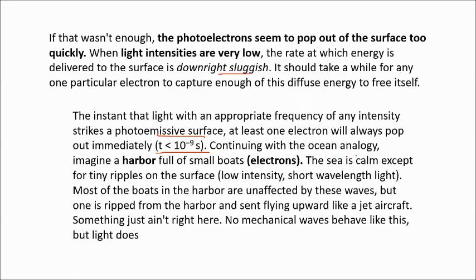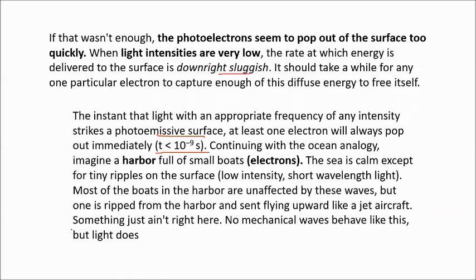So continuing with the ocean analogy, imagine a harbor full of small boats. The boats are electrons. The sea is calm except for tiny ripples on the surface. This indicates low intensity, short wavelength light, and most of the boats in the harbor are unaffected by these waves. But one is ripped from the harbor and sent flying upward like a jet aircraft.